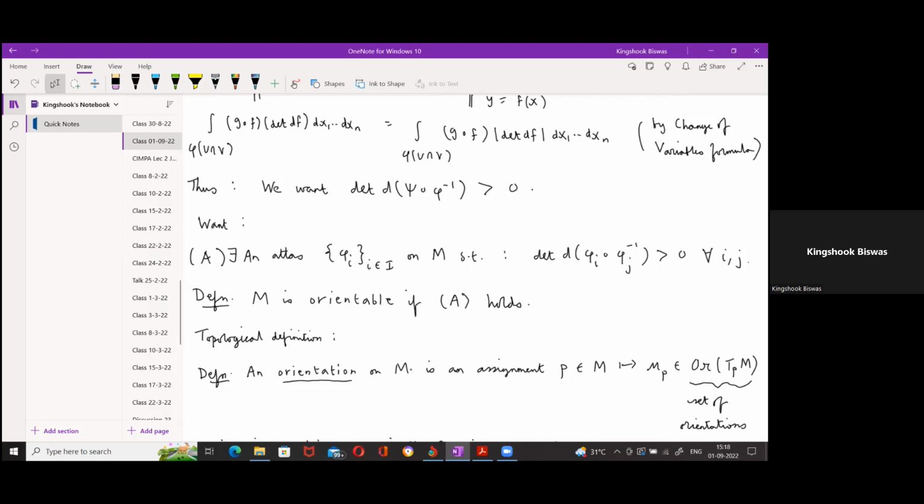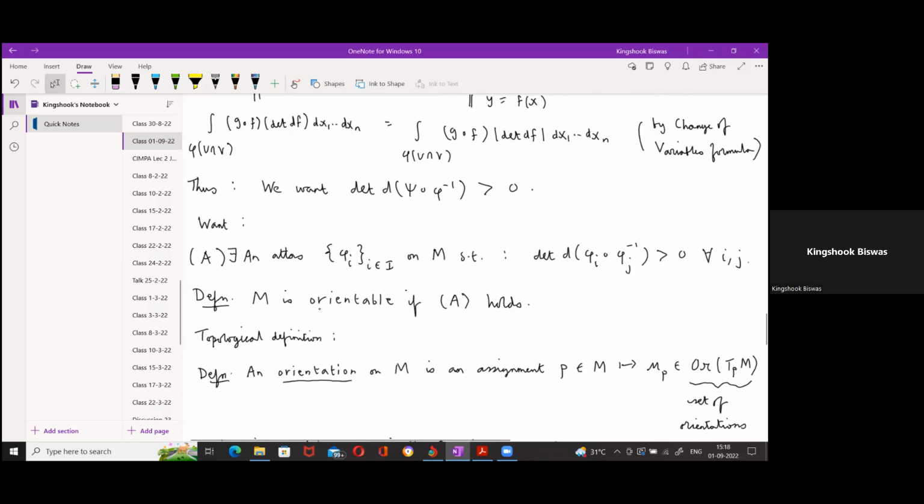So it doesn't matter which chart I pull back by, because they differ by an orientation preserving map of Rn, right? Is that clear? Okay, so I can just pull back by this good chart. This is called an oriented atlas, and I'll get an orientation on M.